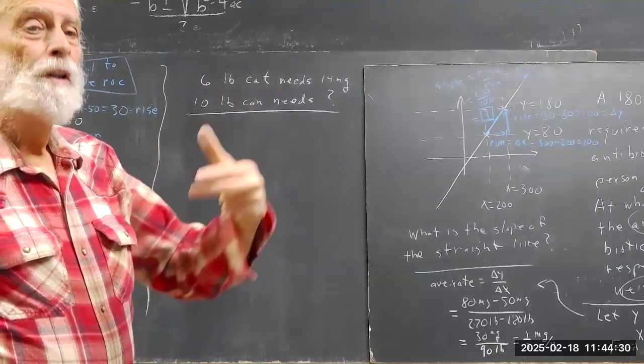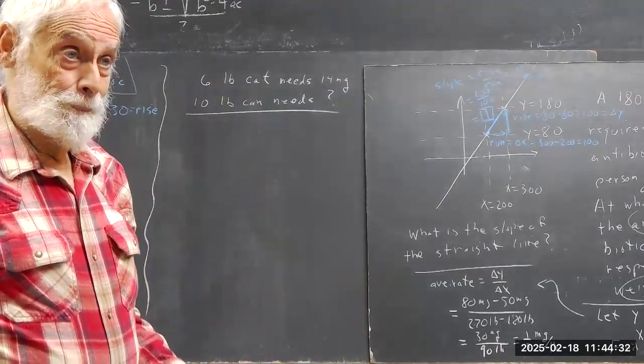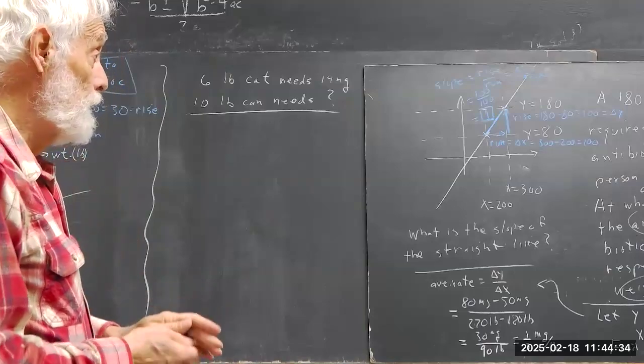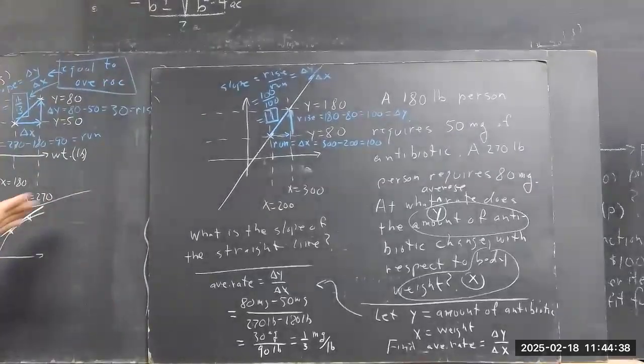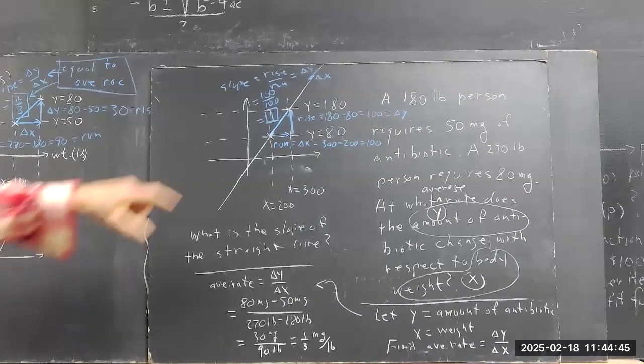The milligrams per pound. Okay, and let's point out that this model here with people, remember, we said that wasn't a straight line model. That might be a curved model, and we're just approximating it between 2 points with a straight line.